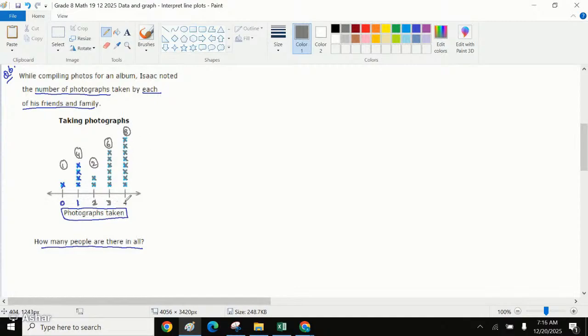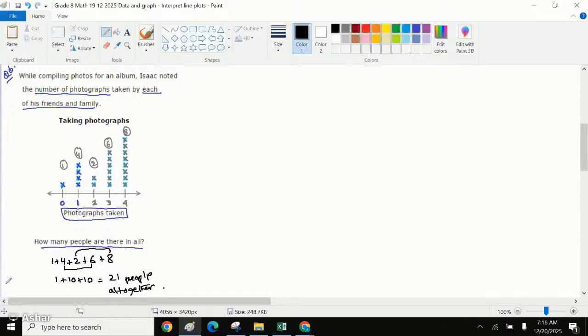And 8 people took 4 pictures. To find the total, can we say 1 plus 4 plus 2 plus 6 plus 8? 2 plus 8 is 10 and 4 plus 6 is 10 also. So we can write this as 1 plus 10 plus 10. That means there are 21 people altogether.